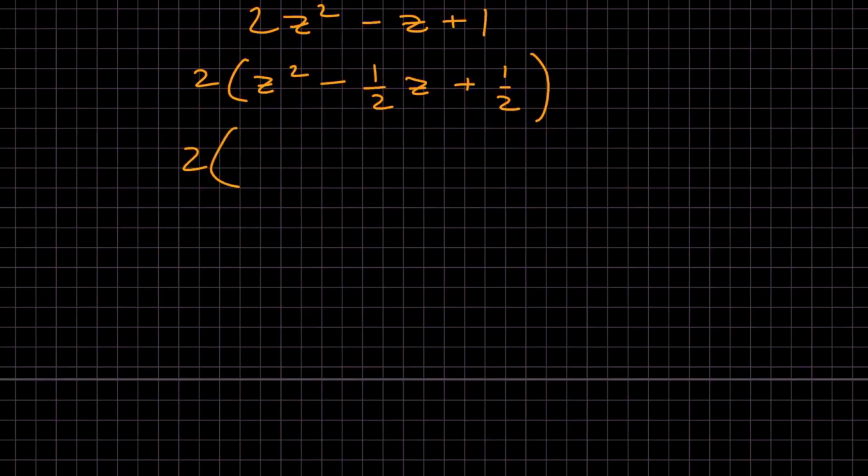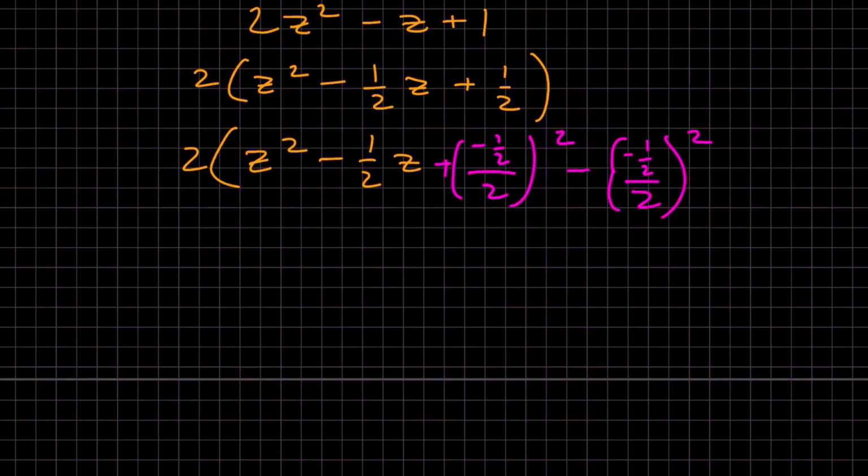So let's do that now. So we've got z squared minus half z, and we're going to take our b, which is negative a half. So negative a half over 2 all squared, minus negative a half over 2 all squared, plus a half from here.